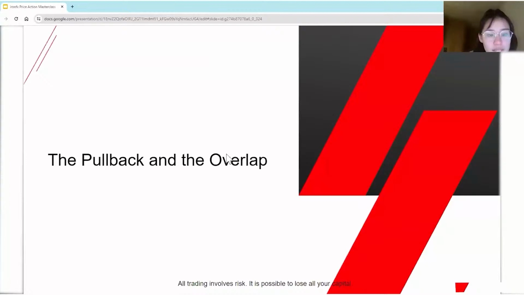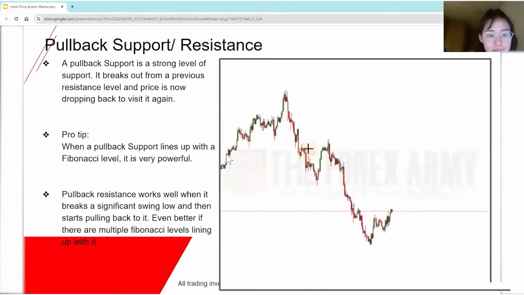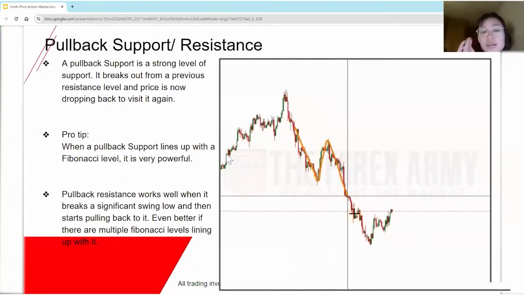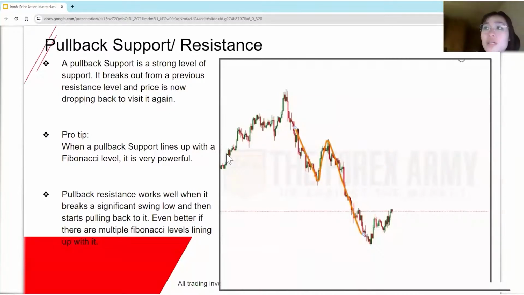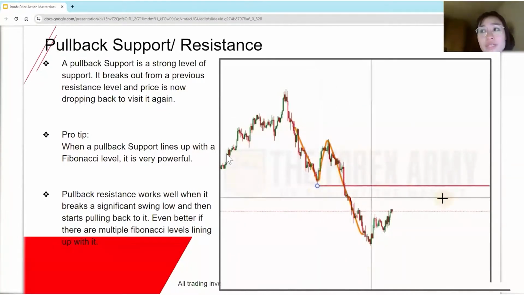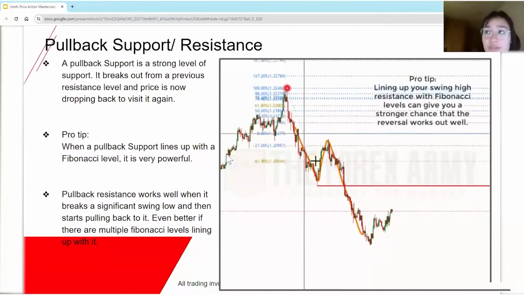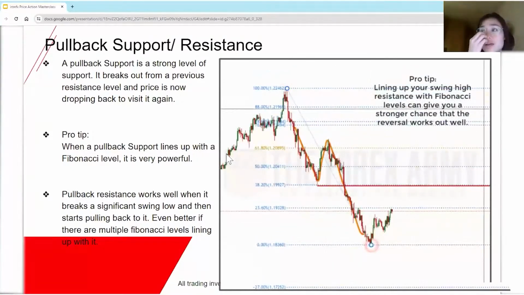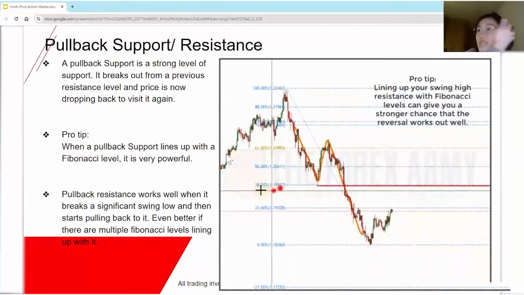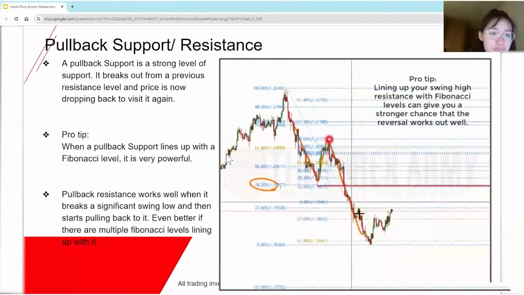Okay, now let's look at the pullback and the overlap. I did kind of mention the overlap earlier, but a pullback support is basically before an overlap occurs. So it's a strong level of support and resistance, and it breaks out from previous resistance level, and price is now dropping back to visit it again.